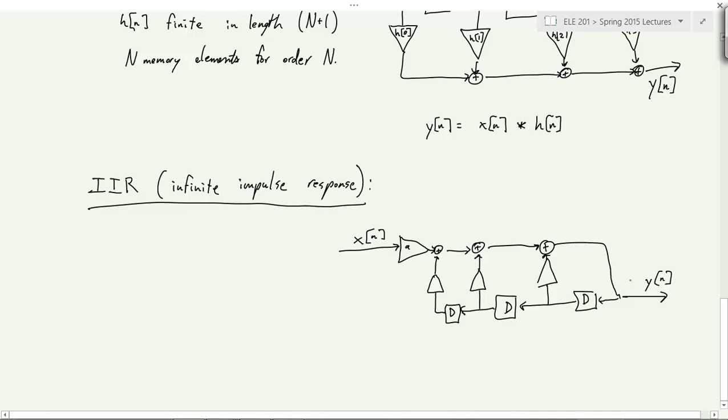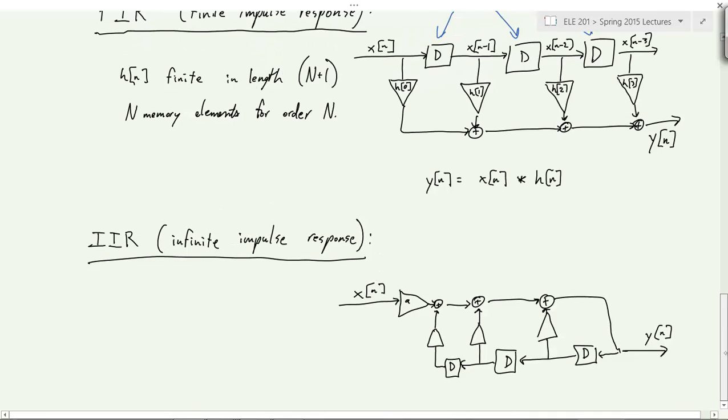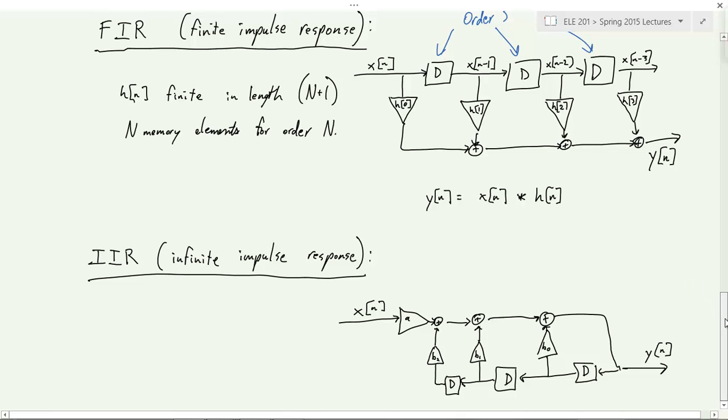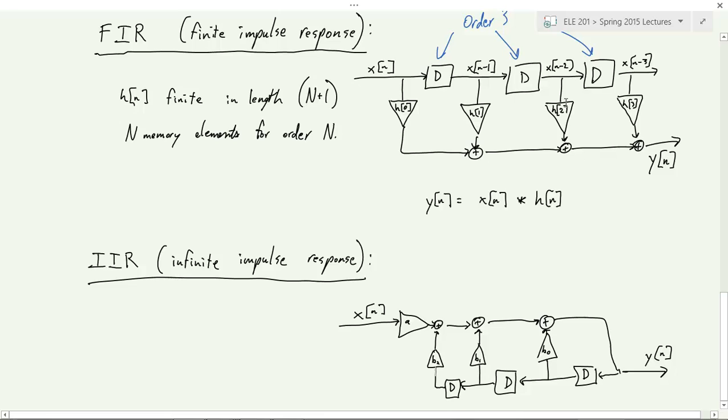So it's similar looking, but the design here, these are no longer directly the h values, but some constants b0, b1, b2. And the point is that in terms of implementation complexity, this is basically the same. You have 4 multiplications and 3 memory elements, but what we're getting here is not a finite impulse response.